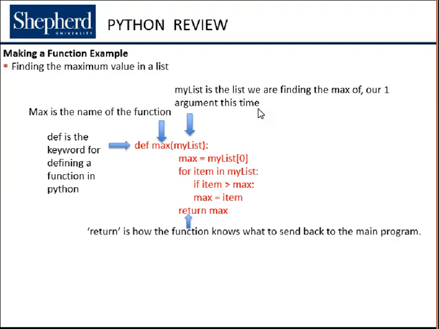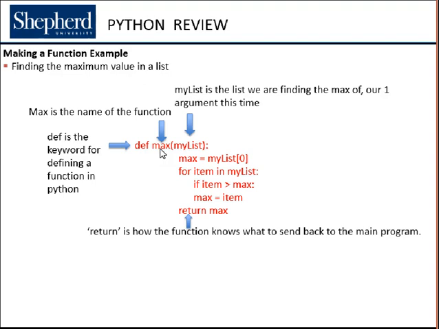Here's how we make a function. Def is the keyword we use in Python to assign a name to a block of code. The next element is going to be max, and that's going to be the name of the function in this particular case. We could have called it add, or add numbers or multiply numbers, or any other name.